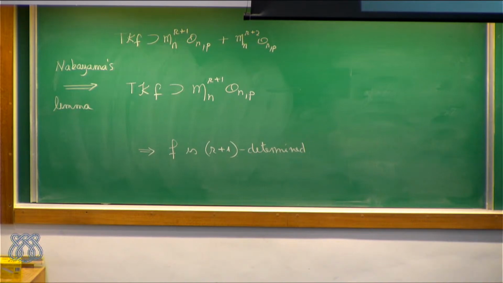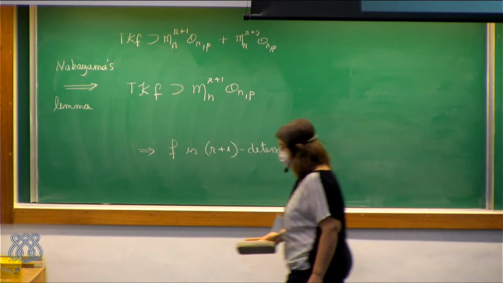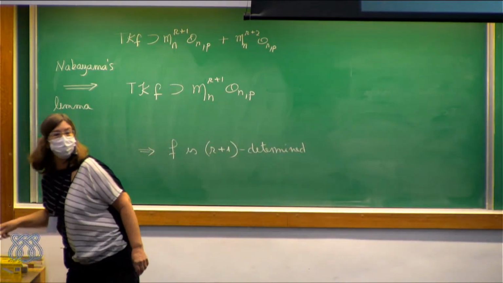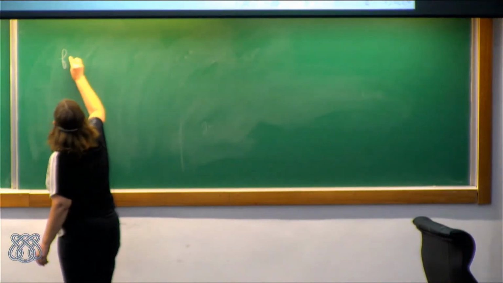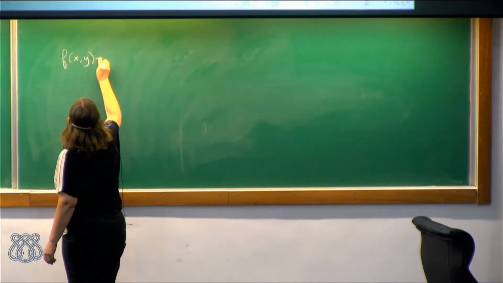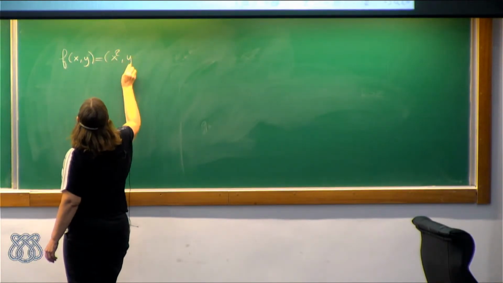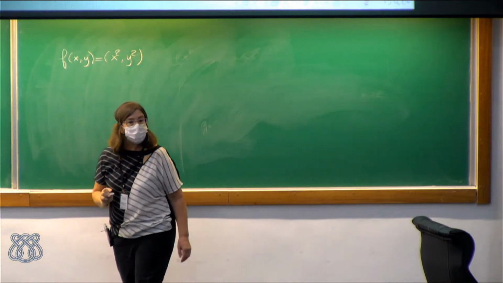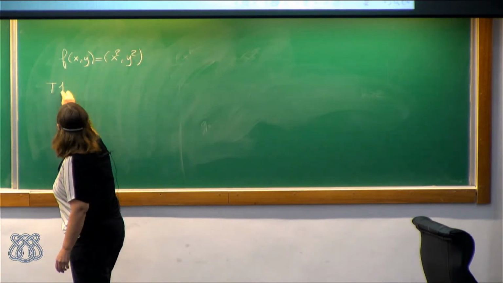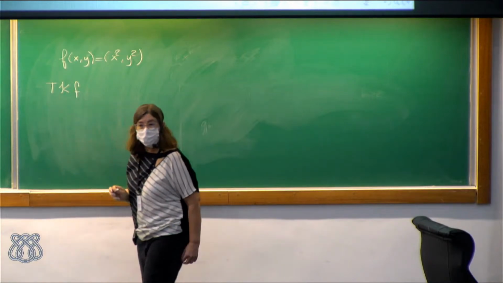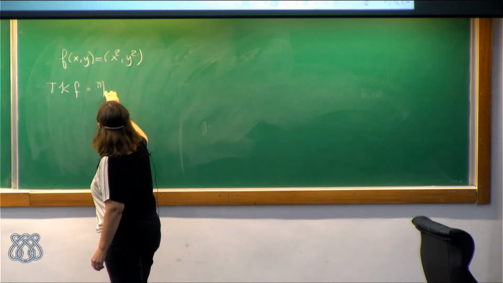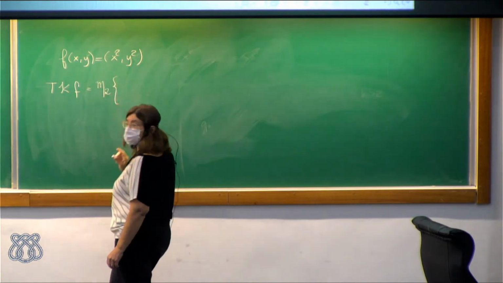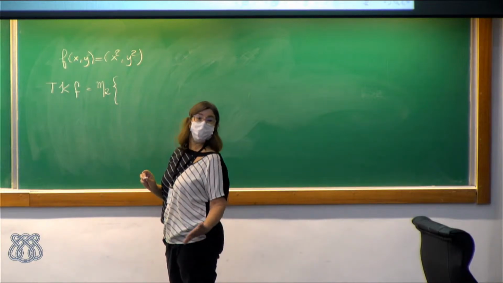I really tried. I thought of different examples, but I kept this one that Bruna started looking at. So let's go back to our main example, x squared, y squared. Let's look at the tangent space. So this is M2, the submodule generated by the partial derivatives.